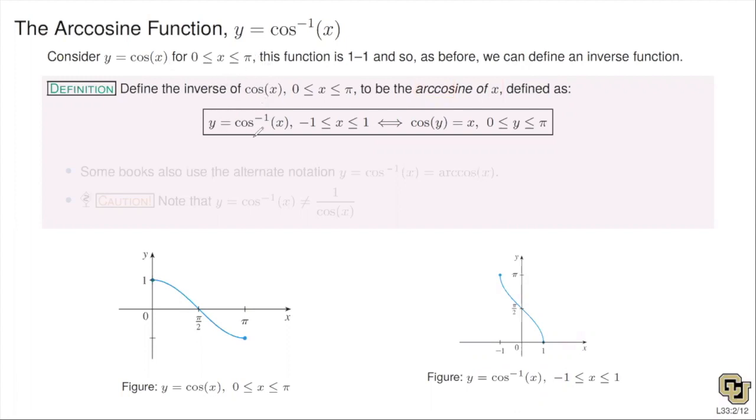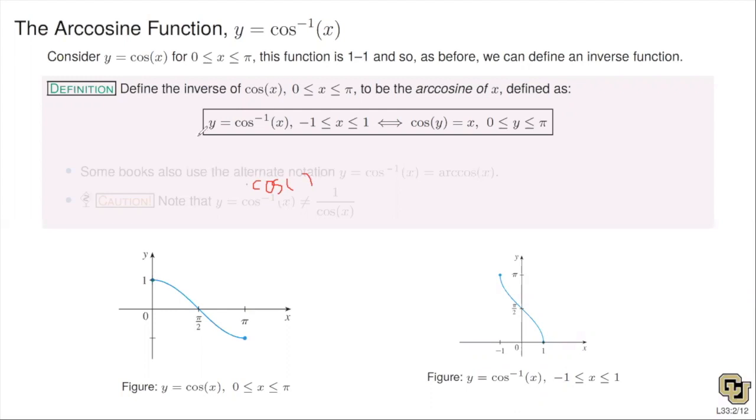Remember first and foremost, this function, the inverse function, is an input-output machine. So for the input x, we say the output is y if and only if cosine of y equals x. If and only if, for the cosine function, if the input is y, the output is x. We just reverse that relationship. And I'm going to mention this again. How do we get from the equation on the left to the equation on the right?